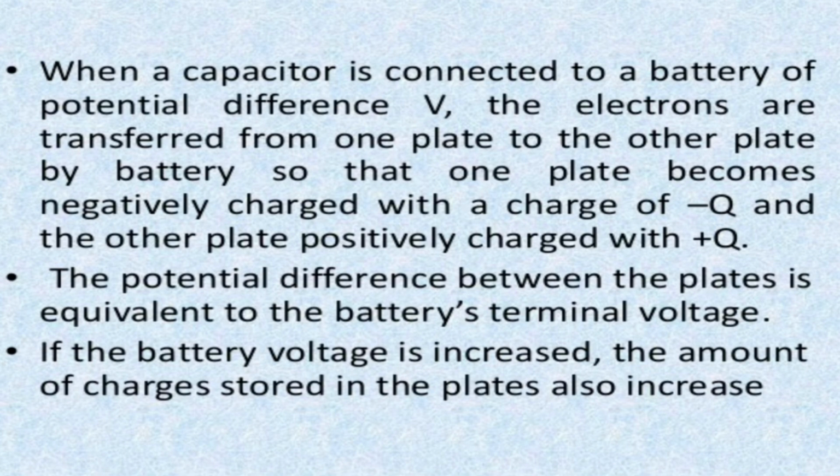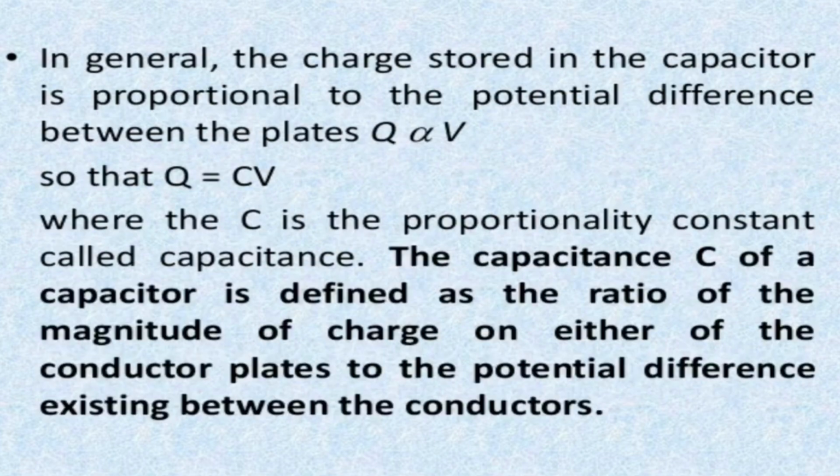So if the battery voltage is increased, the amount of charge stored on the plates also increases. That means the charge stored on the plates or the conductors is directly proportional to the potential difference between the plates.